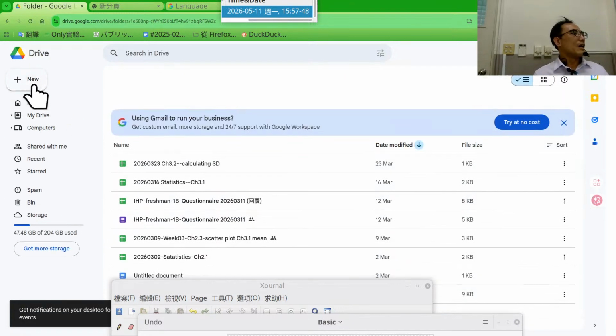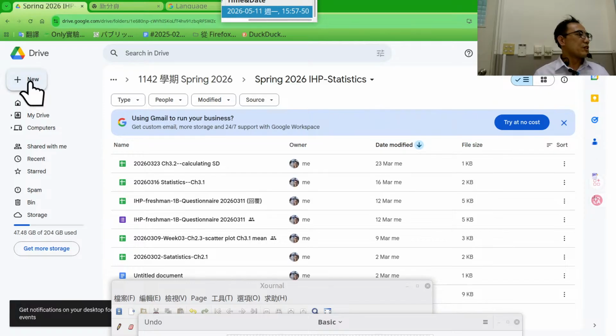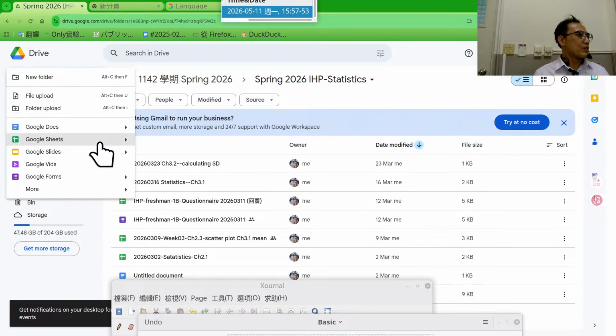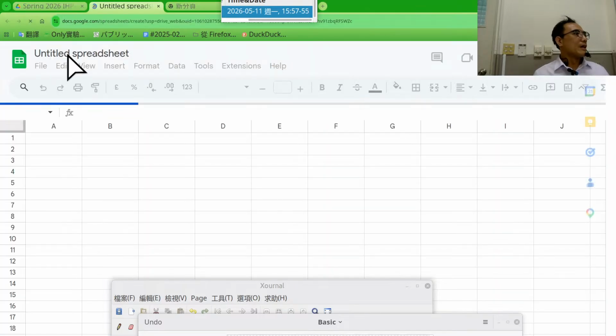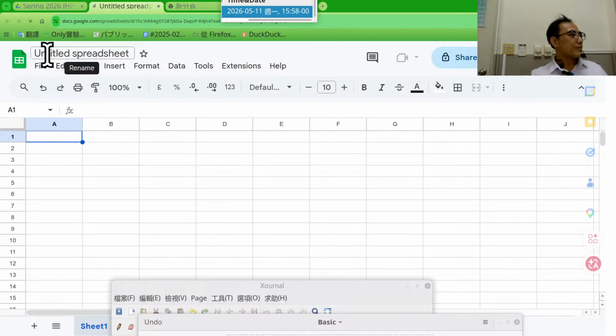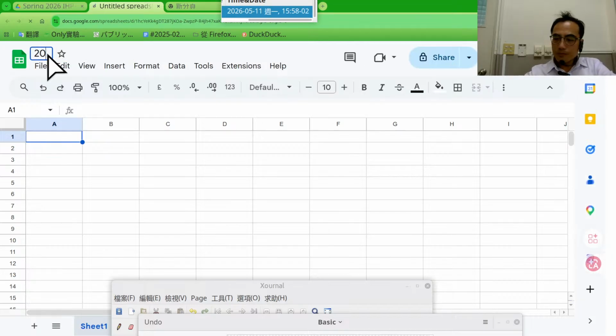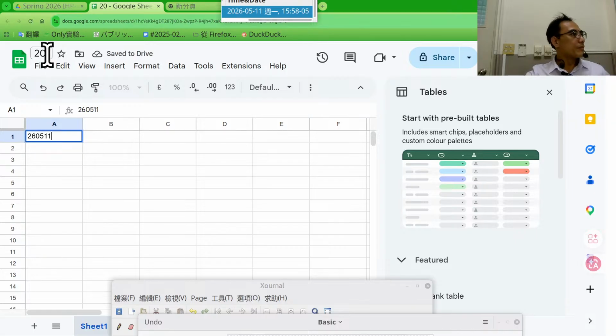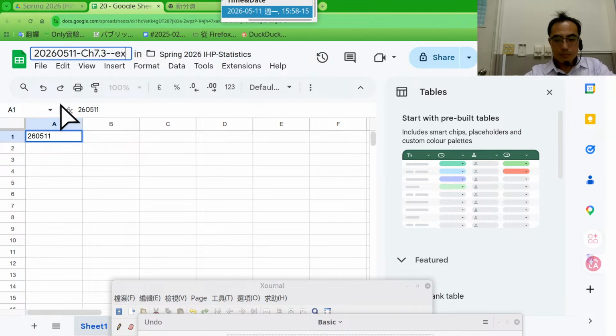Okay, create a new Google spreadsheet and name it as today's date. Like this one.